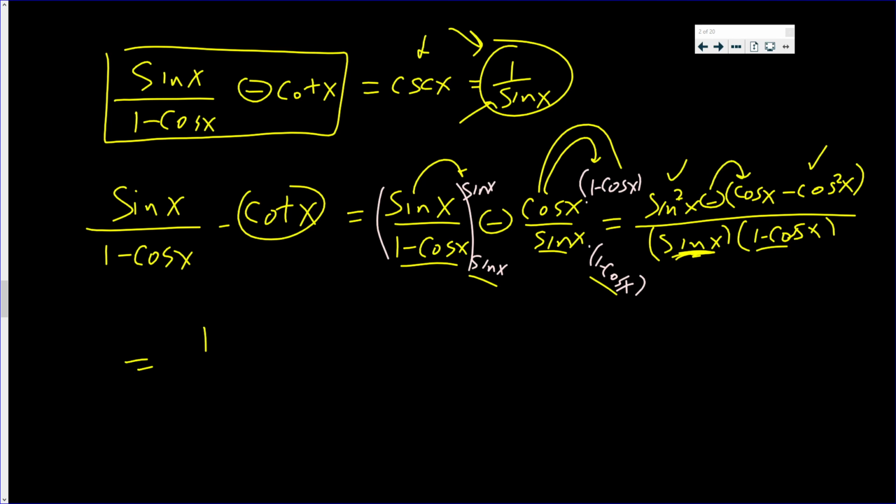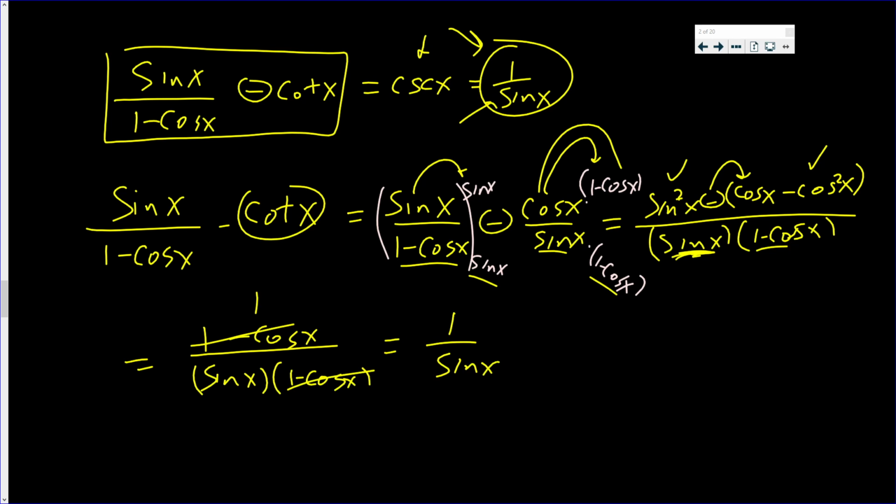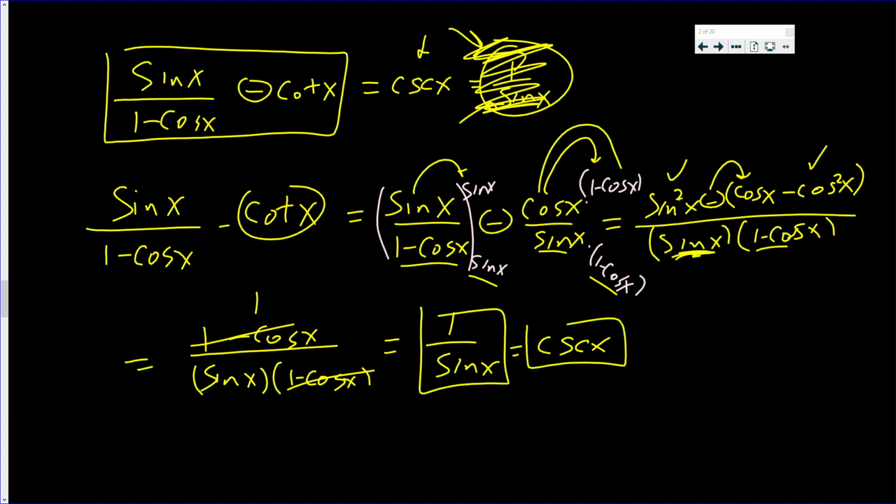Let's not forget to take away the cosine x, and everything comes together now. The 1 minus cosine x's cancel out to 1. We get 1 over sine x, which is cosecant x, and we erase that. And believe it or not, this is equal to this.